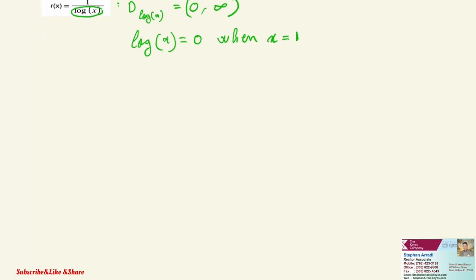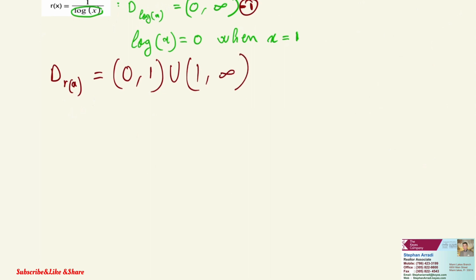Therefore, we should remove the 1 from here. 1 shouldn't be included. So therefore, the domain of this function R of x is going to be 0 to 1, union 1 to infinity. Was easy.